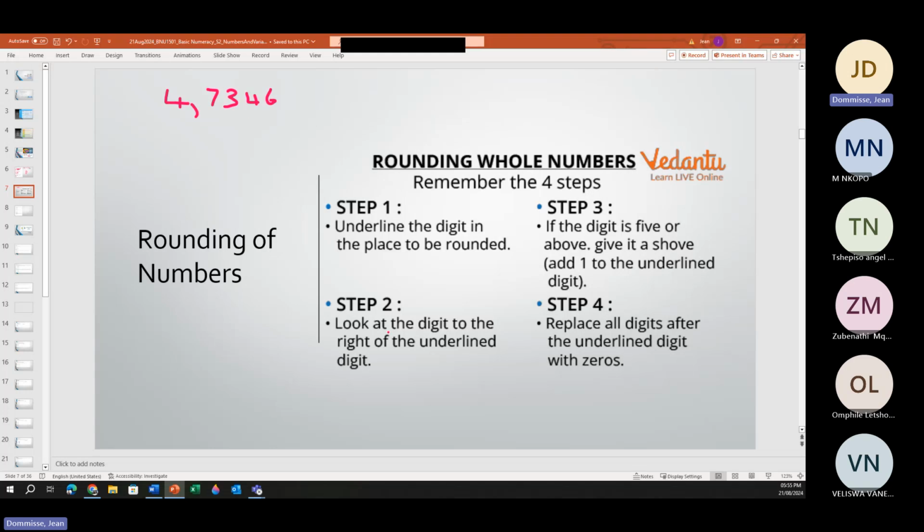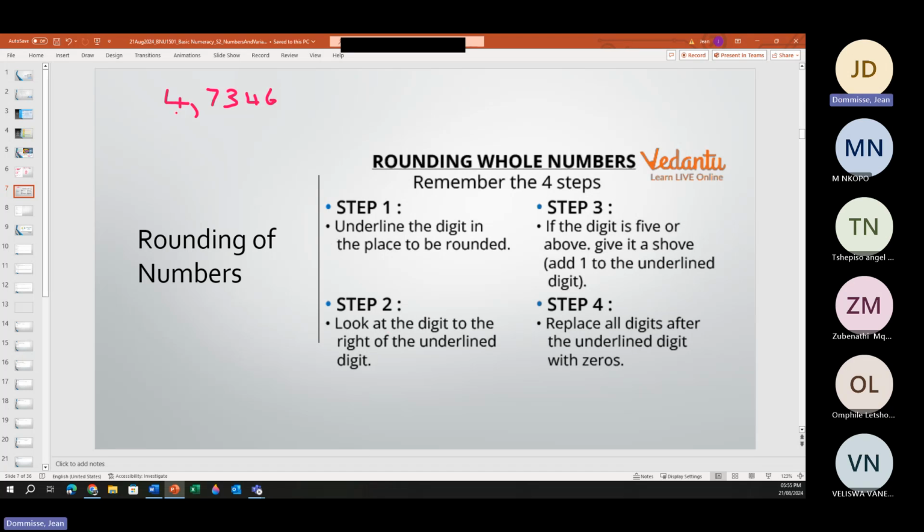The first thing that they need to tell you in the question is how many decimals you need to round off. So again, they can't just tell you round off. They will need to tell you round off to 3 decimals.